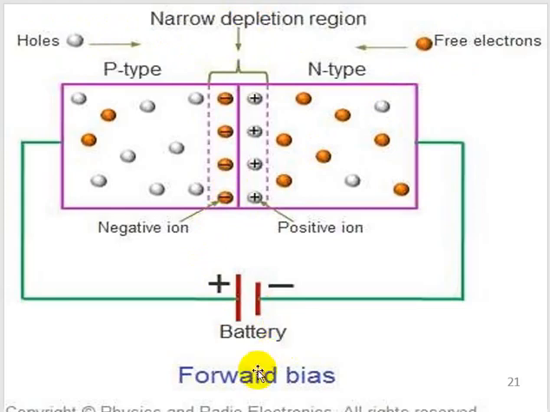So in forward bias we can say that positive terminal is connected to P-type, negative terminal is connected to the N-type, and the flow of free electrons will be towards this direction and holes will be towards this direction.